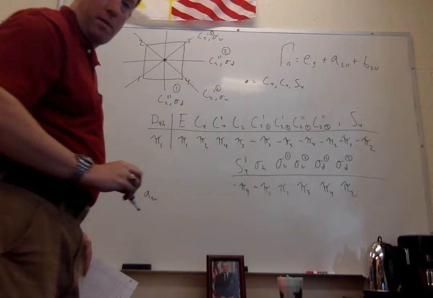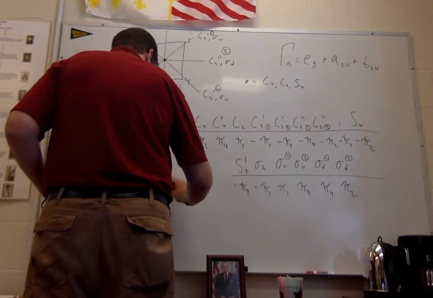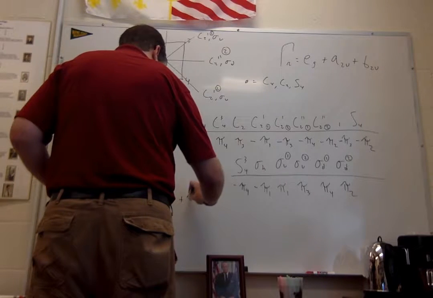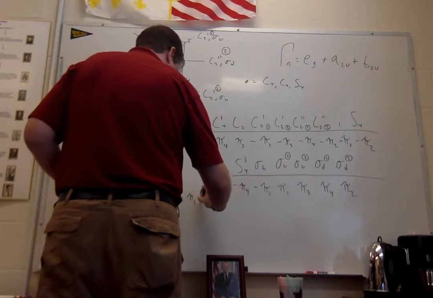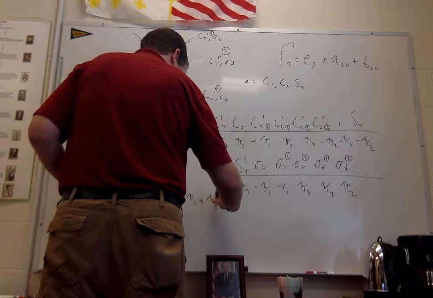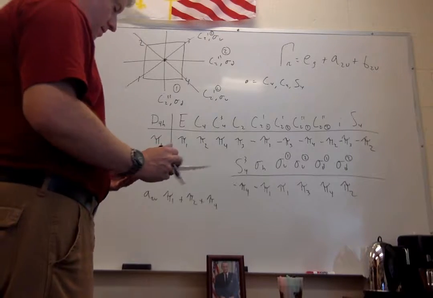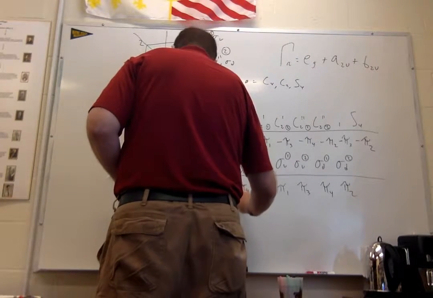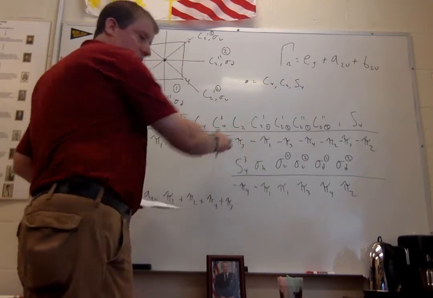Is this showing up? Yes, it is. And so we have pi 1 plus pi 2, because the character for this operation is 1, plus pi 4, plus pi 3. Because the character under C2 is also a positive 1.